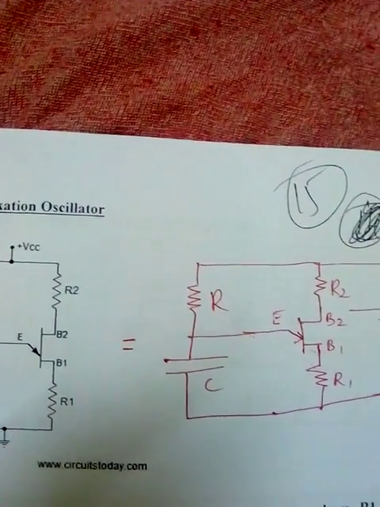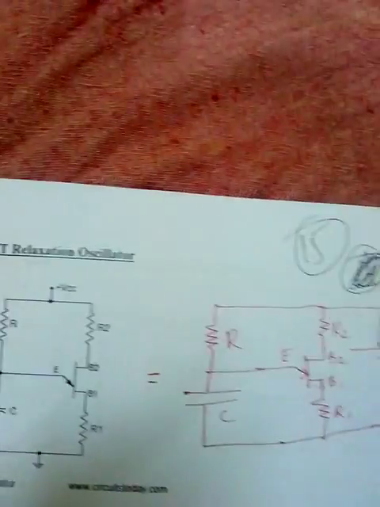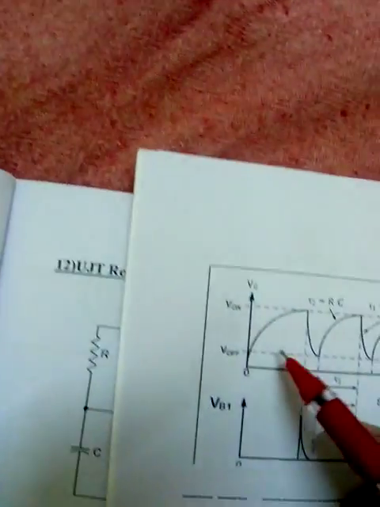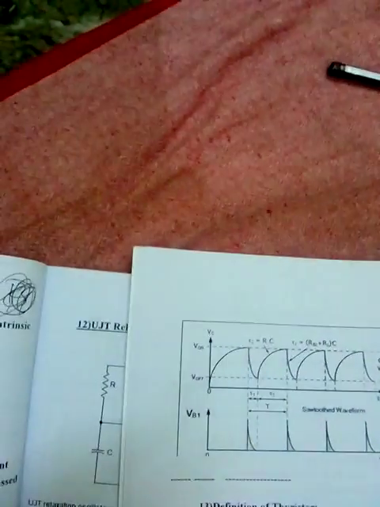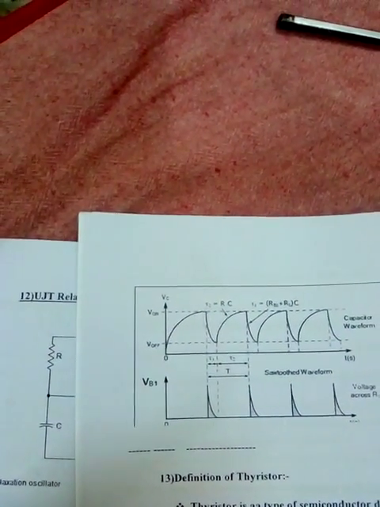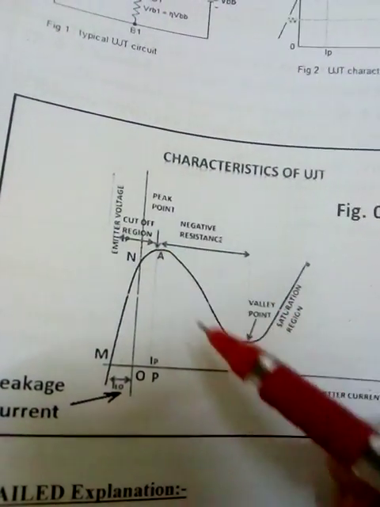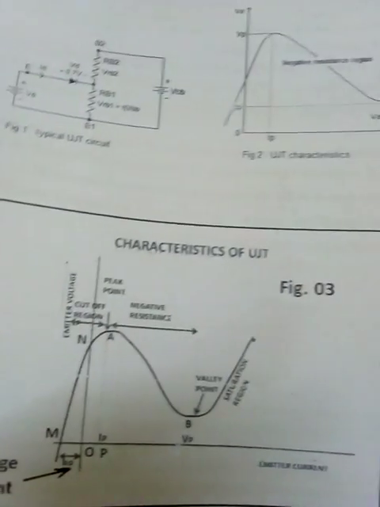So the capacitor discharges because the UJT conducts. When it discharges, it goes through the negative resistance region, as we have already seen in the characteristics: this is the peak point and valley point. This is the same as what we have got here.